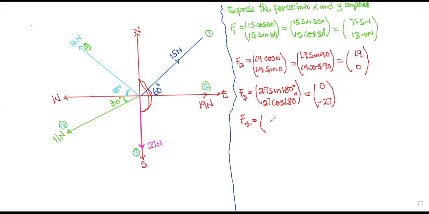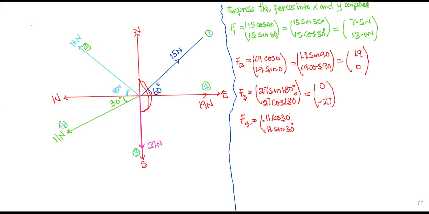So we have 11 cos 30 degrees. But this x component is negative, so minus must come. And 11 sine 30 degrees.